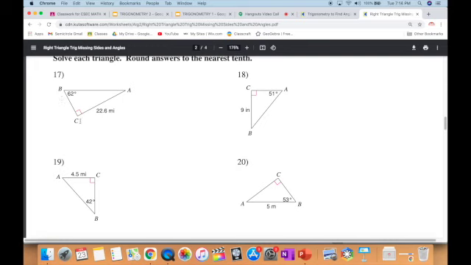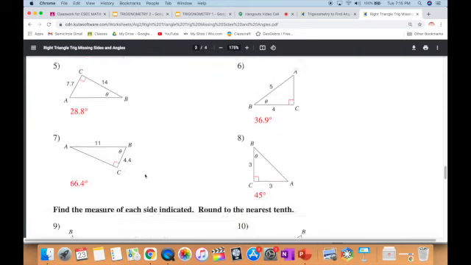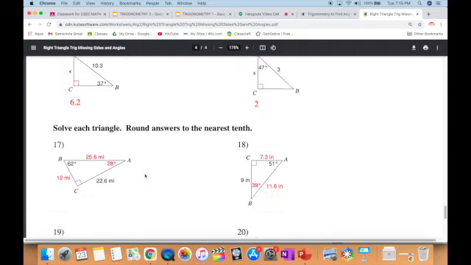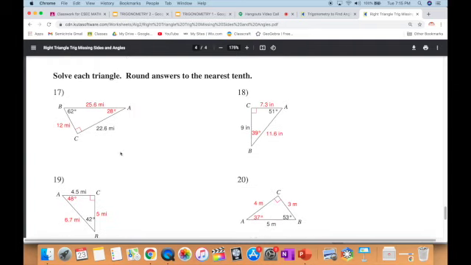Adjacent and opposite, that is tan. And then you have to find the hypotenuse. Hypotenuse and opposite is sine. So you'll have to use numerous trig ratios to find all of the sides. To solve the triangle you have to find all the missing sides and all the missing angles as well. That is lovely.